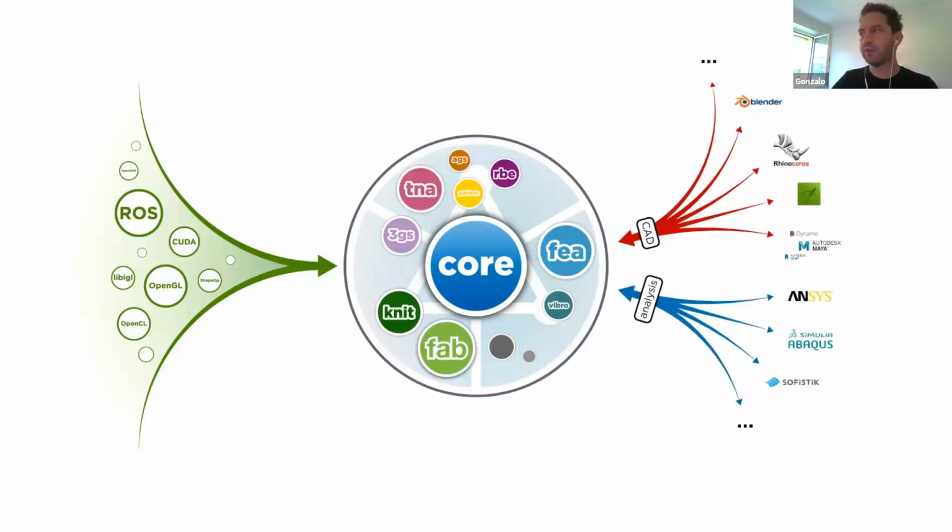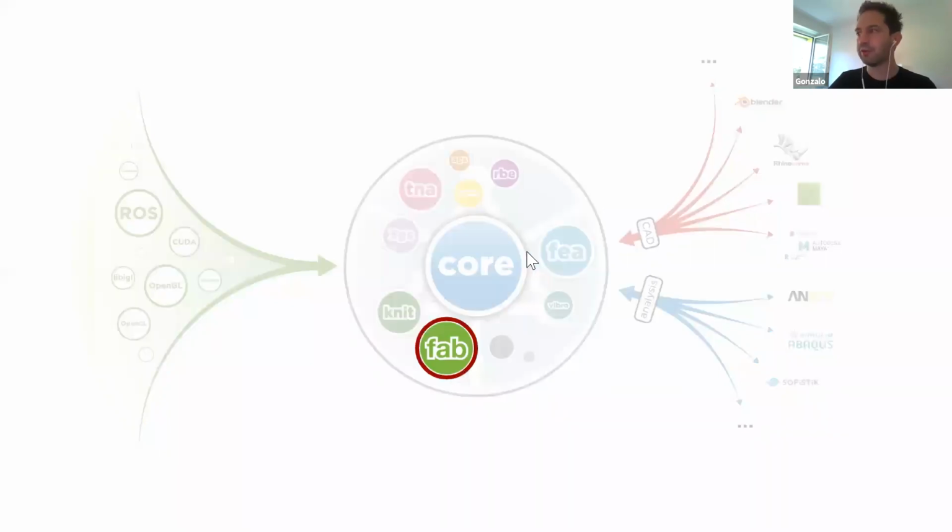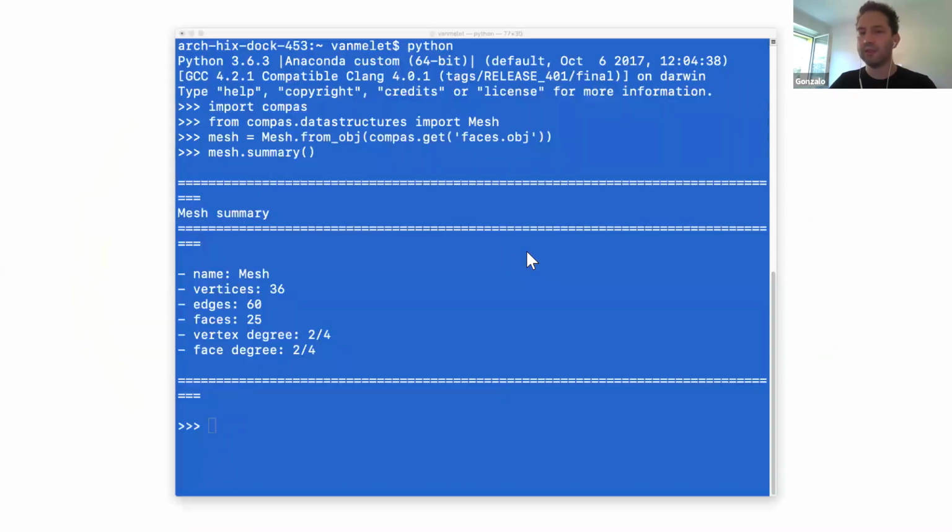And on top of that, we have all these packages that are domain specific. So we will focus today on FAB, the package for robotic fabrication, and more specifically on the ROS backend, the Robot Operating System.